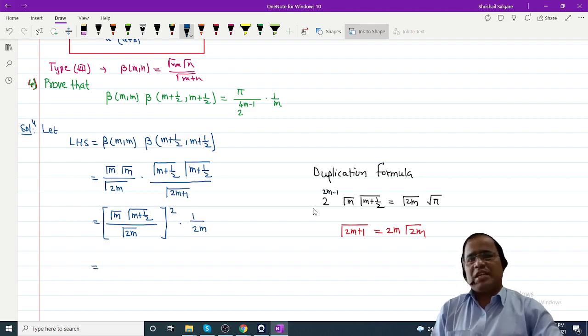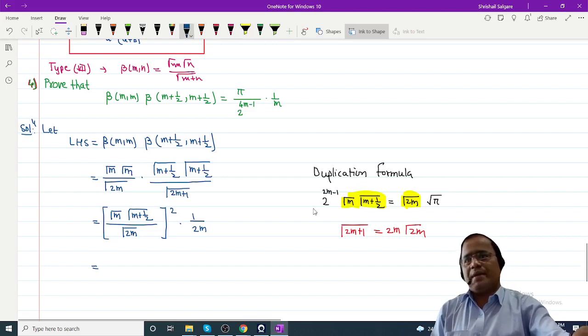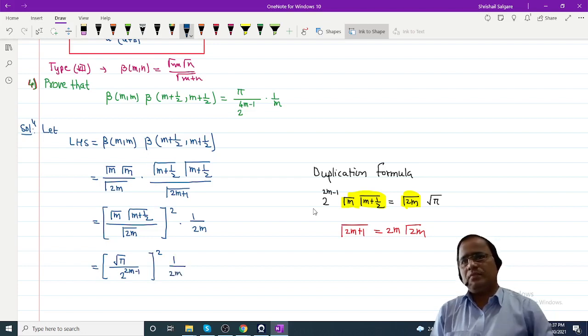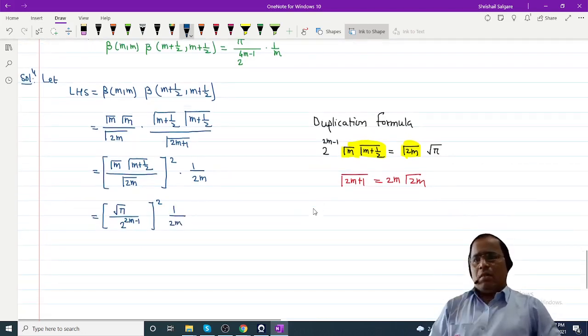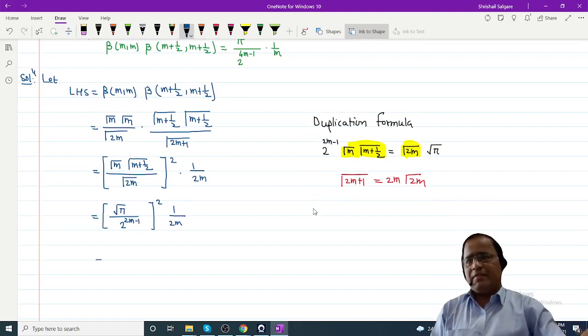Now by using the duplication formula, I will highlight the terms. Gamma m and gamma m plus 1 half divided by gamma of 2m is nothing but root pi upon 2 raised to 2m minus 1, whole bracket squared, into 1 upon 2m. If you simplify, you will get the required answer. It comes as pi.